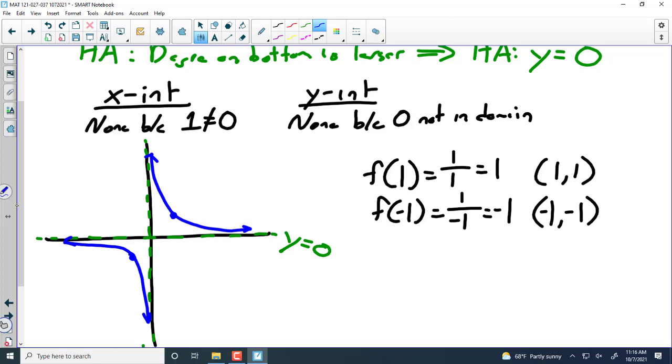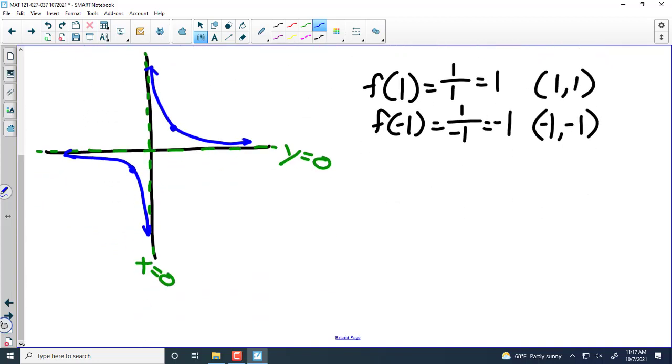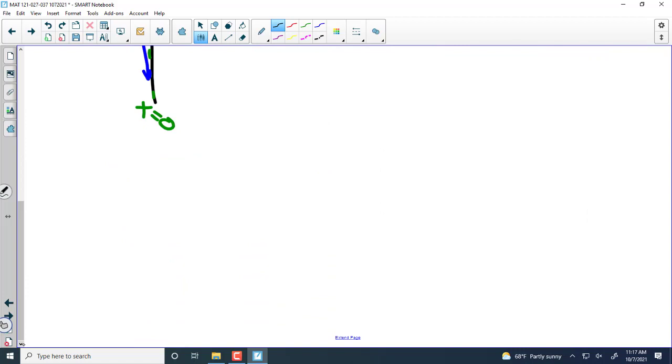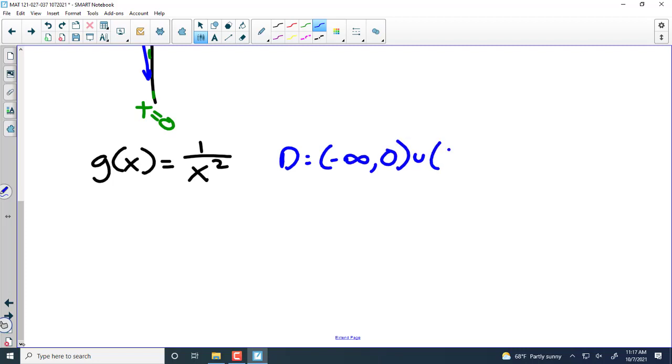One that you also see come up is its best friend. Actually, I don't know if they like each other. But its best friend is this one right here. 1 over x squared. 1 over x squared has the same domain. You can't plug a 0 in there. It has the same vertical asymptote, x equals 0.